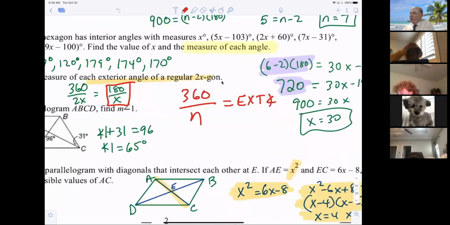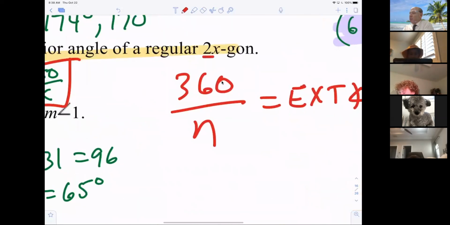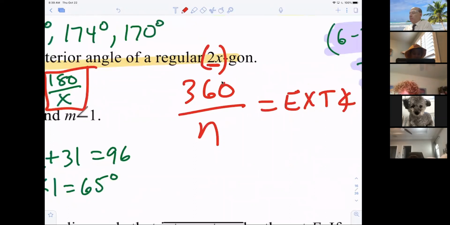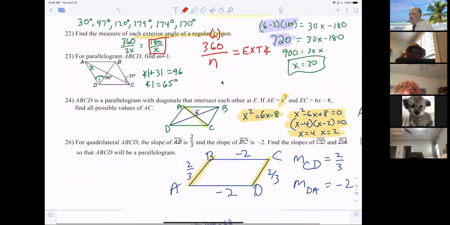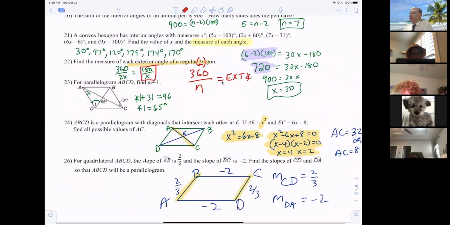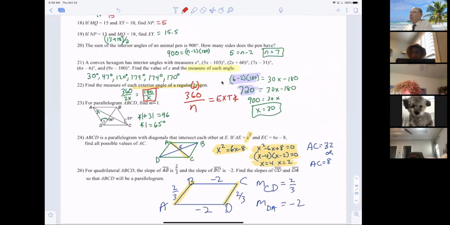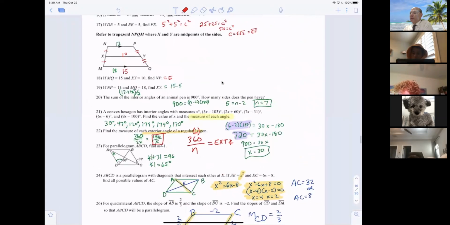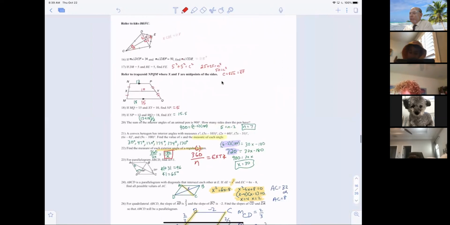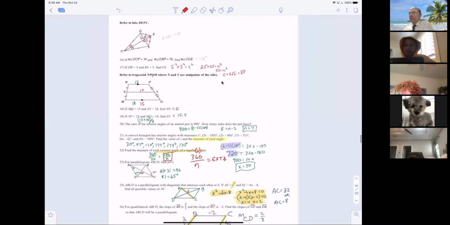Simon, I'm confused how it should only have 2 sides. It doesn't say 2 sides. But then it's 2 times 2x. X is the number of sides. You see what I'm saying? All right, that's what that says. Sam. Well, that's on the next page, Sam. All right, anybody else have anything on this page?